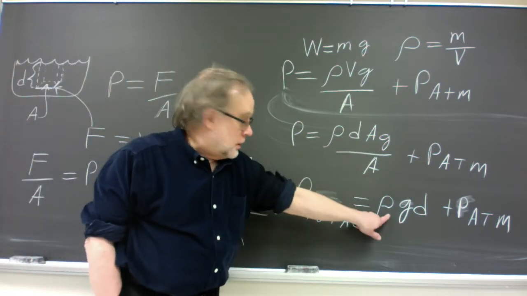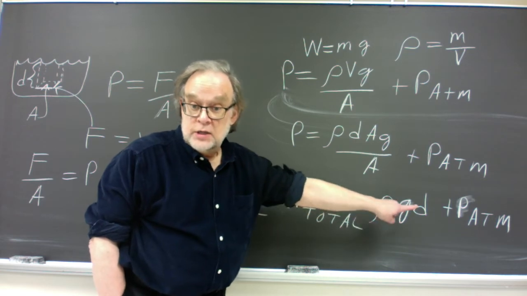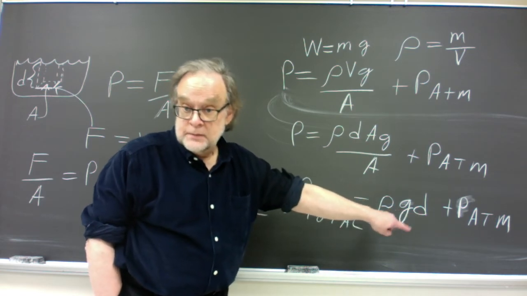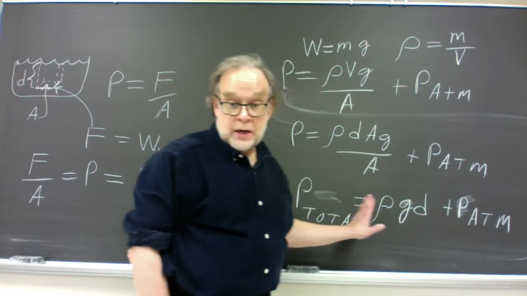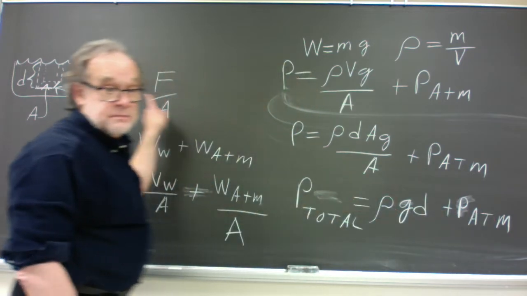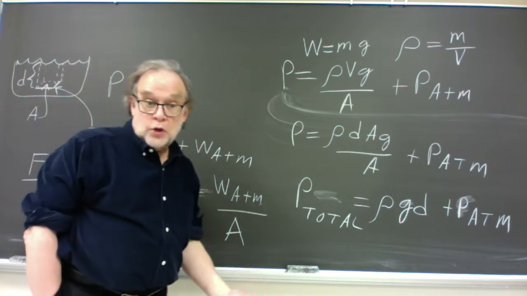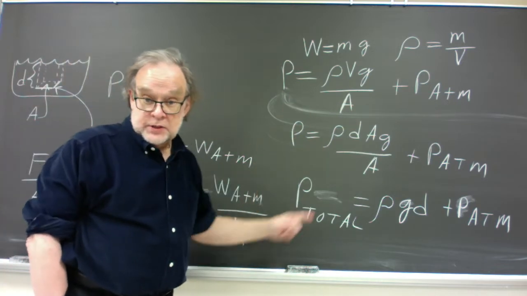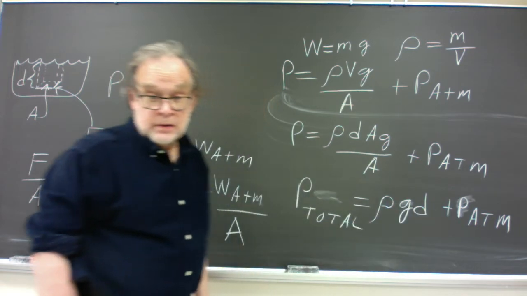Since these a's cancel out, the pressure due to the water is just density g depth. And then atmospheric pressure. So now this is the total pressure on this area here due to the weight of everything that's above it, the water and the air.